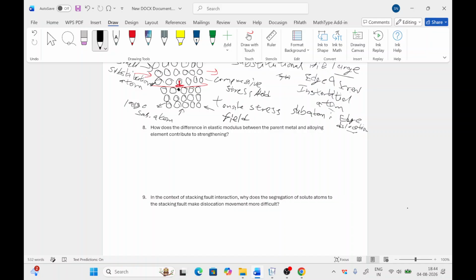So next question is how does the difference in elastic modulus between the parent metal and alloying element contribute to strengthening?